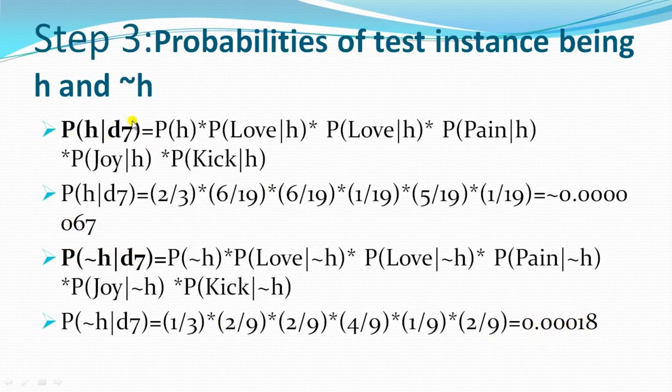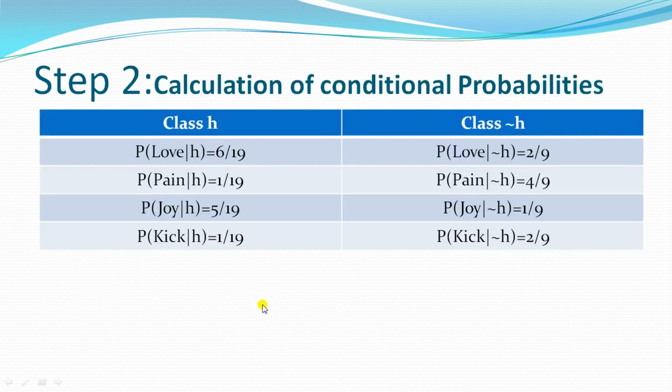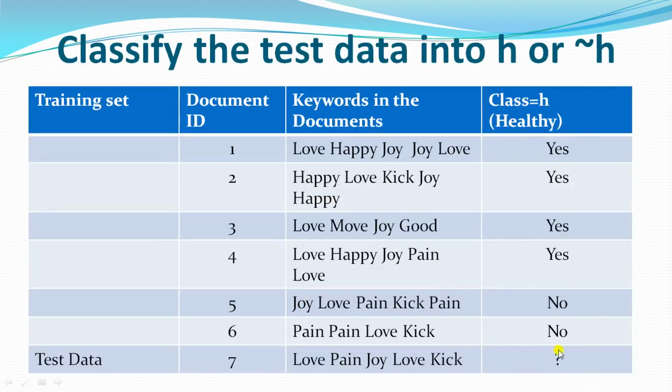So probability of test data, that is D7, being in class H, it is 0.000067. Comparatively, this value is much higher than this one. That means based on this particular Naïve-Bayes technique, we can come to the conclusion that that particular document, that is D7, will be classified as not of H. That means not of H. So final value will be no here.